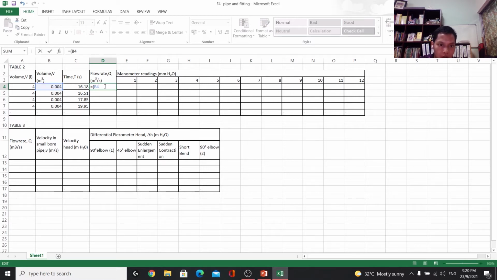Then divide by C4, so we get 0.0002472, just drag it here. Then we just need to fill in the blanks in this table here, so 360.